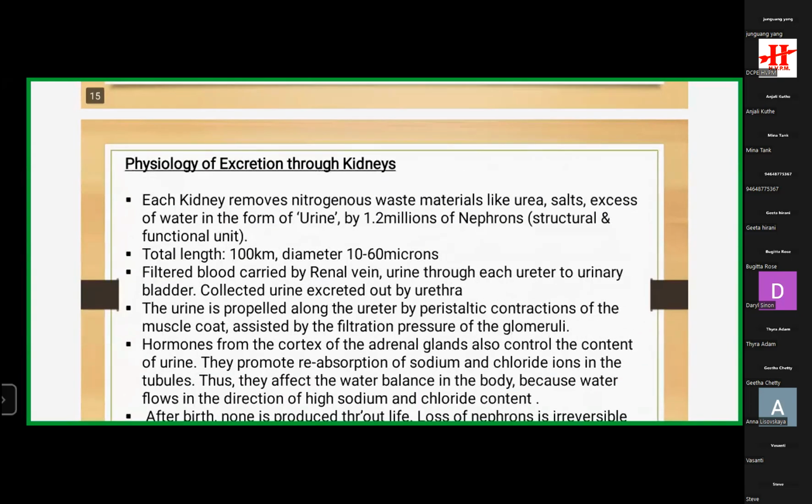So this is all about the excretory system. Besides skin, all the excretory organs we have discussed, like kidney, ureter, urinary bladder, urethra, and already we have discussed the large intestine and the lungs.